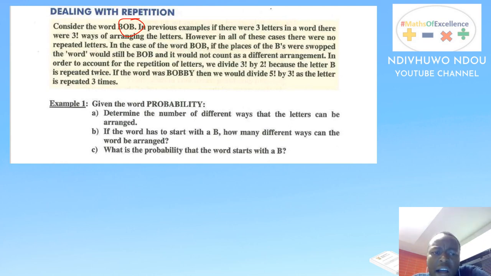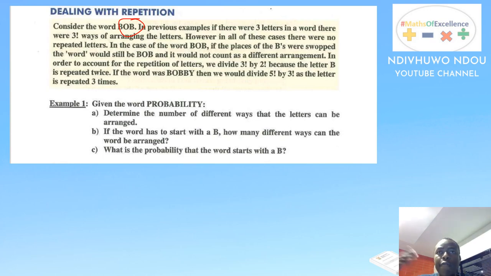So in order to account for repetition of letters, because we have 3 letters in Bob, we say 3 factorial, but because the letter B is repeating twice, we divide by 2 factorial. We need to cancel out that effect of repeating letters so that even when we swap, we know we don't have a different arrangement, it's still the same.